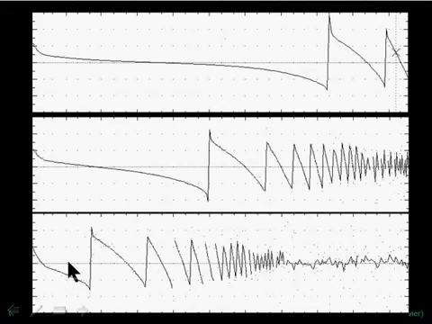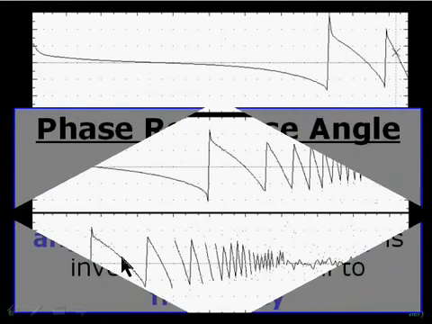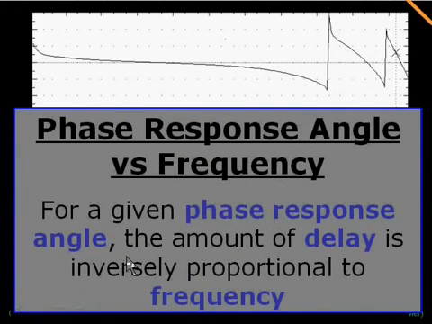That pattern denotes a constant slope angle, which, when it appears at a different frequency, means a different amount of time. The phase response angle relates to time over frequency. For a given phase response angle, the amount of delay is inversely proportional to frequency.